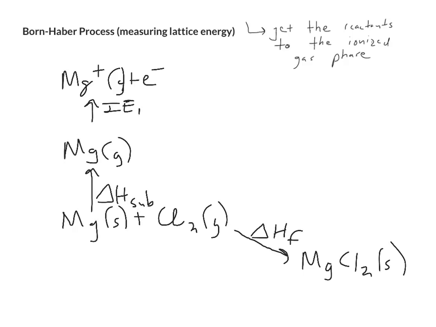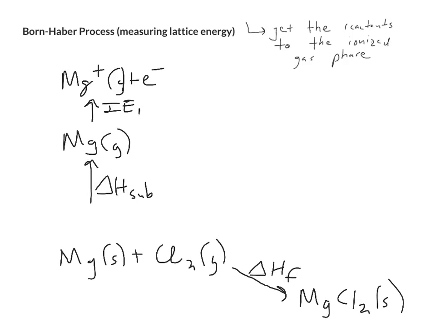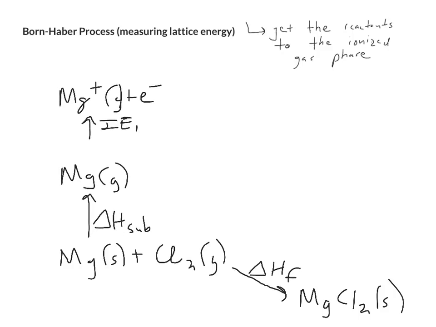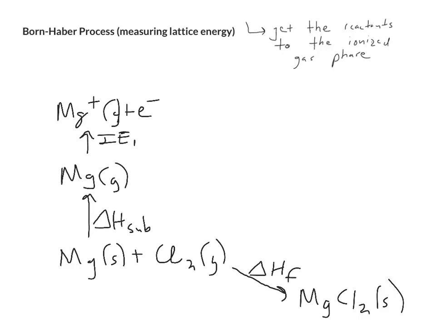It has to be ionized again. The second ionization energy, again in the gas phase, gives magnesium 2+.